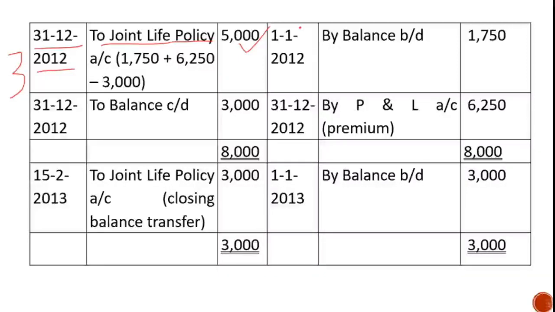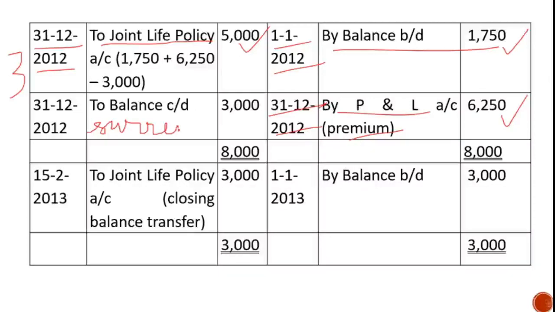Then at the beginning of the year you also have to record the opening balance of 1,750. At the end of the year we record the annual premium of 6,250. So the remaining balance will be the surrender value which is given in the problem. So that is 3,000. Total on both the sides is 8,000. This 3,000 is brought here. So on the beginning 1/1/2013 by balance brought down is 3,000.